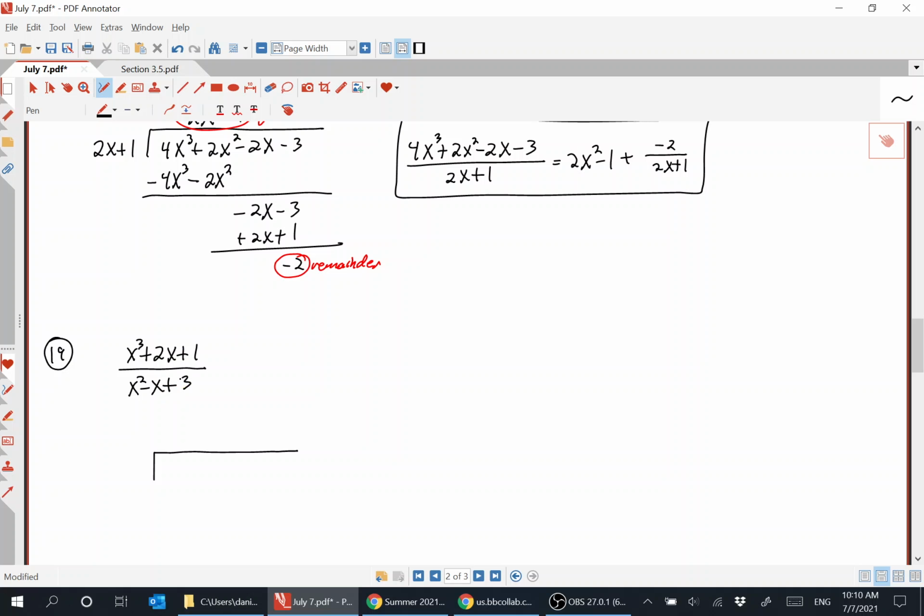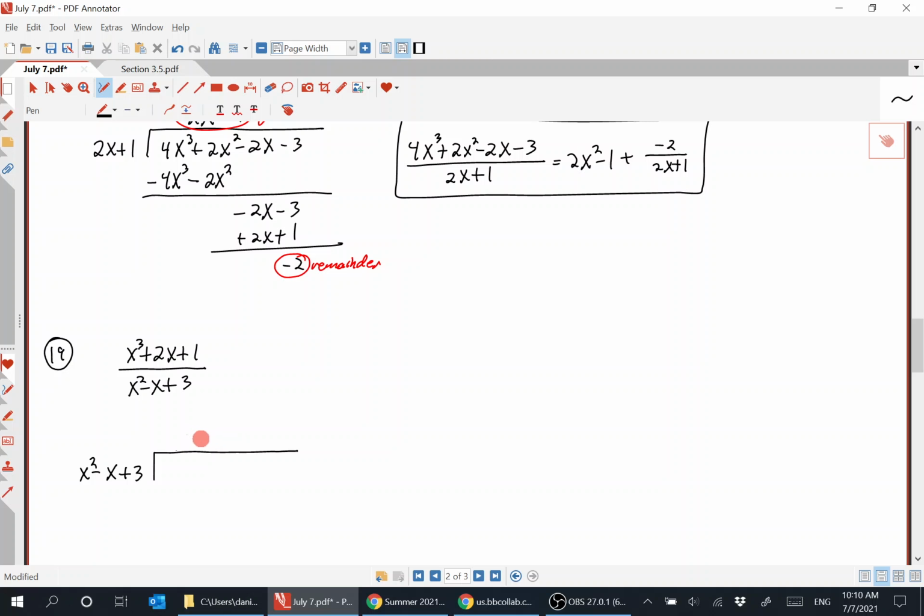So at most, we're going to need 2 iterations here. Basically, because the degree of the remainder goes down by 1 each step, until the degree of the remainder is less than the degree of the divisor. Goes down by 1 or more than 1 because you're always canceling out that leading term.